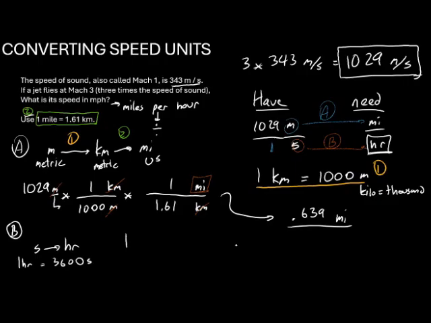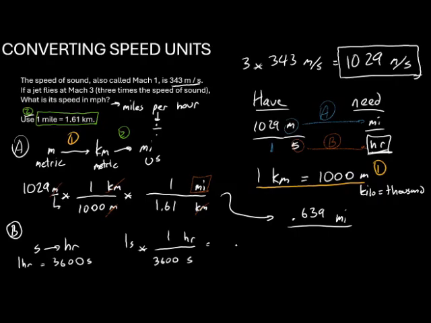So we'll start with 1 second, multiply that by a fraction to get out of seconds, which we place on the bottom, and get into hours, which we place on the top. This is because at the end of part B, we want to have hours. We place our 1 next to hours and 3,600 next to seconds.